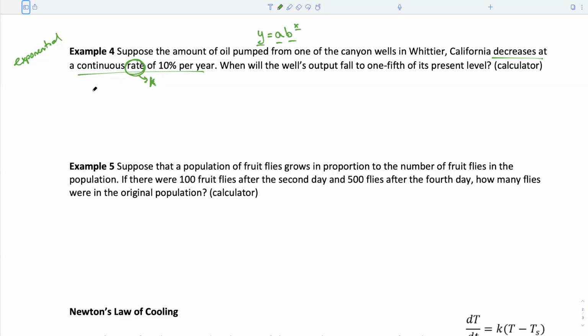But now we know that we can start with a differential equation. dy dt, knowing that this is exponential, I can start with the differential equation, and then k is going to be our rate of 0.1 times t. So now, knowing that it's an exponential, I know what this guy looks like.